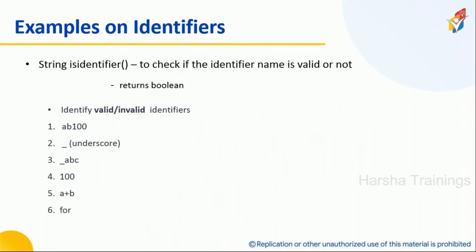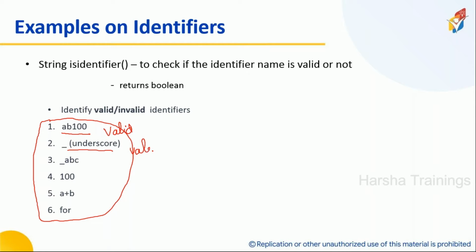Now, can you please identify which are valid and invalid identifiers in these examples? Can anyone respond? AB 100, is it valid or invalid? Valid, sir. Yes, it is valid. Next one is underscore.